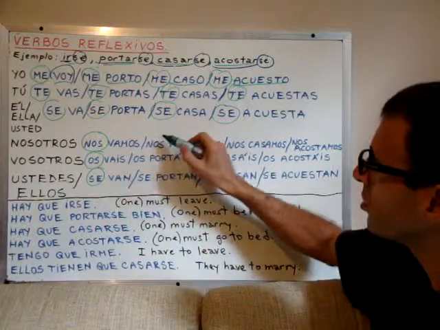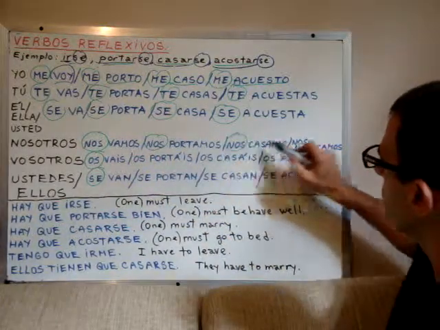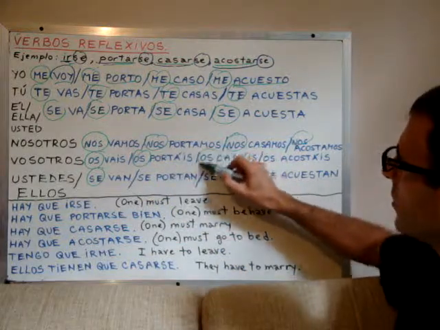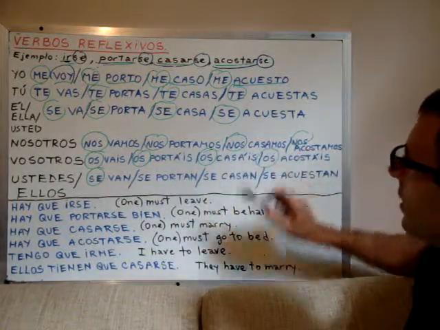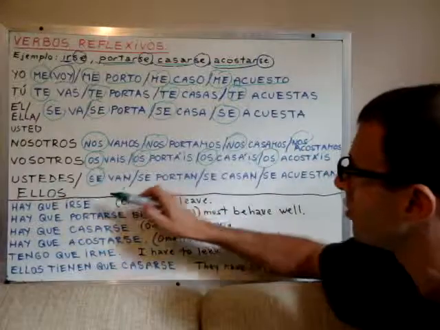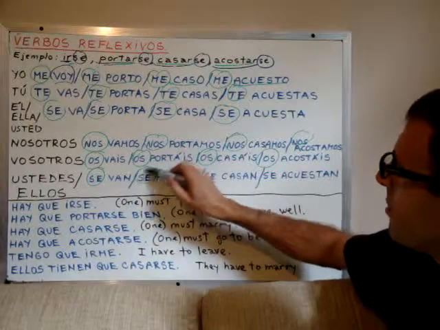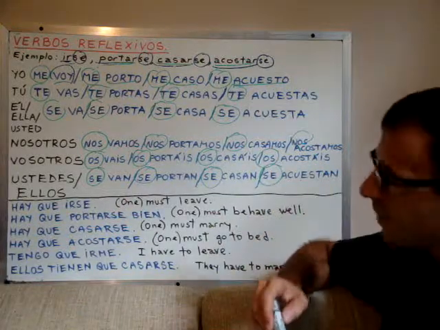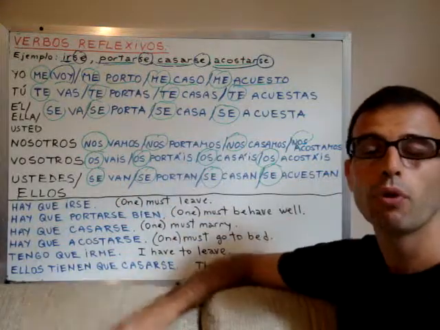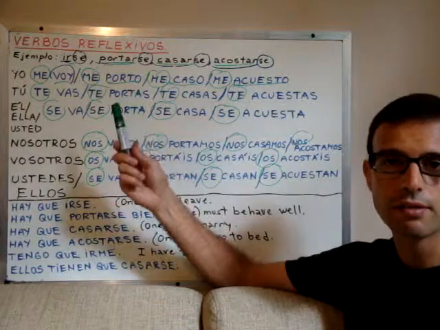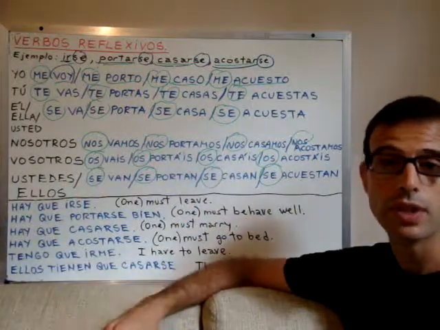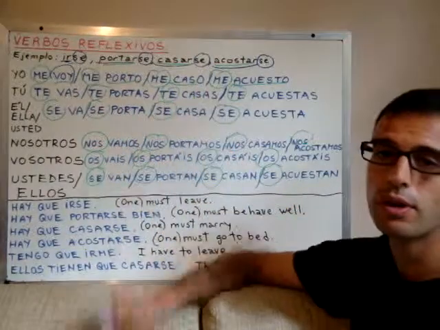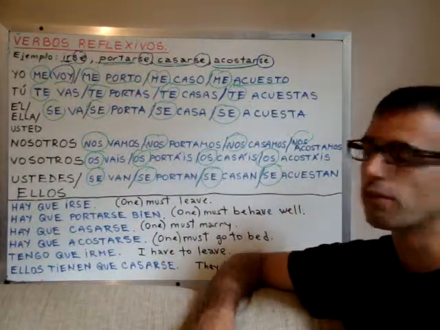Nosotros, nos. Vosotros, os vais, os portáis, os casáis, os acostáis. And ustedes, or ellos, se van, se portan, se casan, or se acuestan. And this works the same for all the reflexive verbs of the Spanish language, and the list is very long, so that's why I just gave you these 4 verbs, the first that came to my mind.